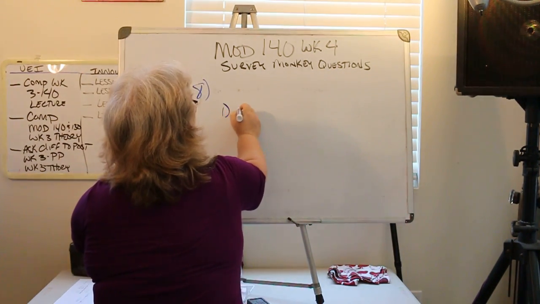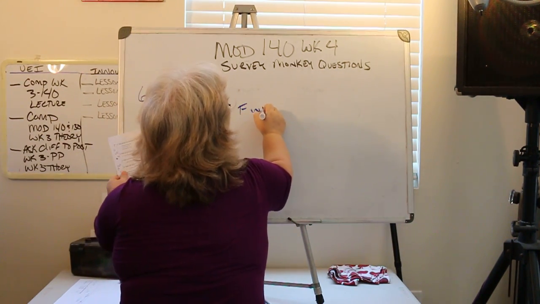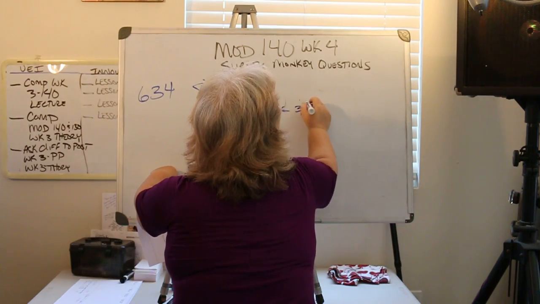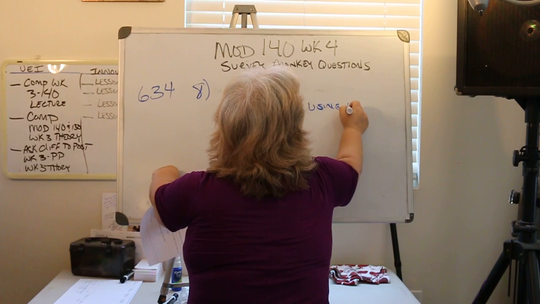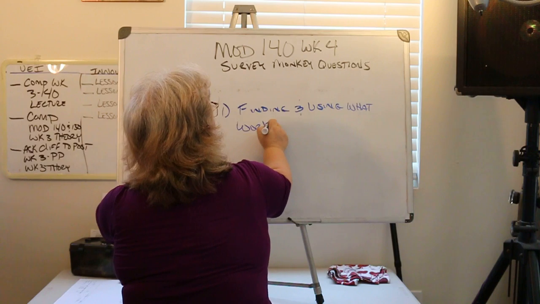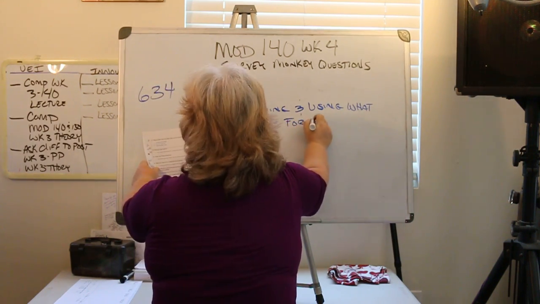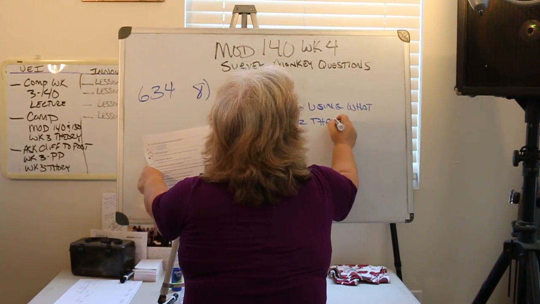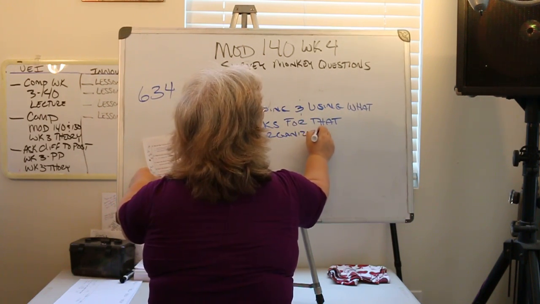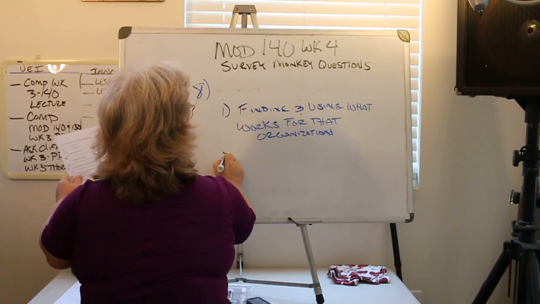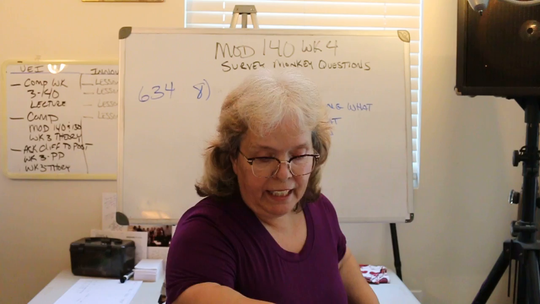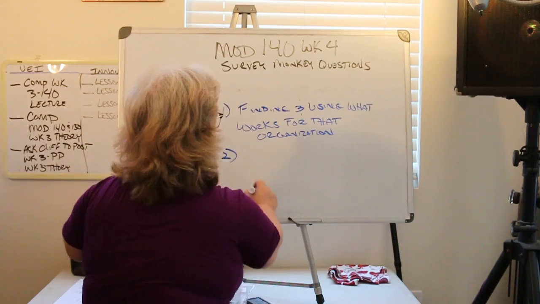So number 1, finding and using what works for that organization. Number 2 is allocating resources effectively.